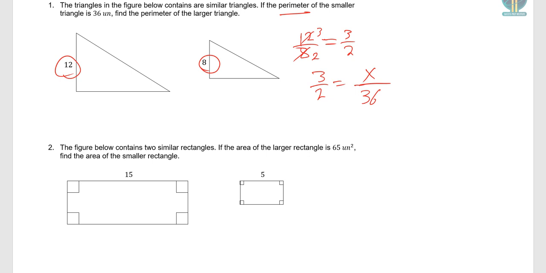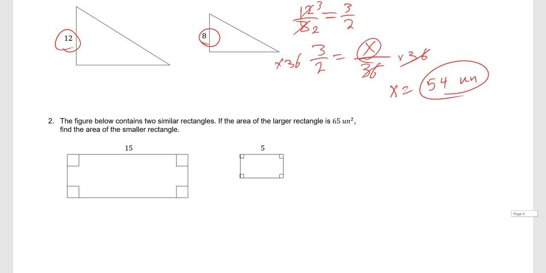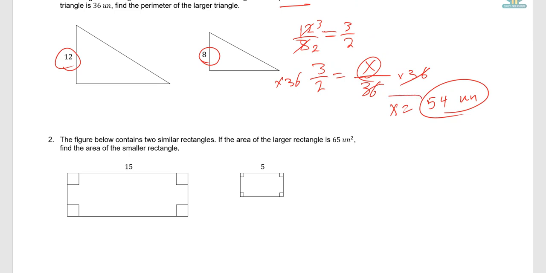And then we can just multiply by 36 on both sides to get rid of this and isolate the x. So x is equal to 36 times 3 over 2, which is equal to 54 units. This is the perimeter of the larger triangle.